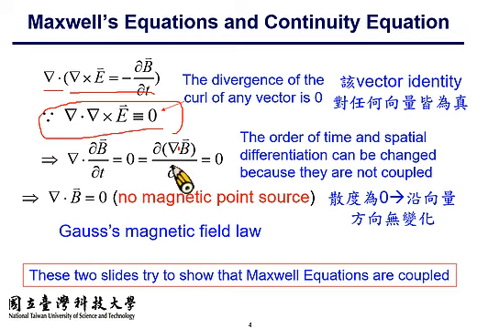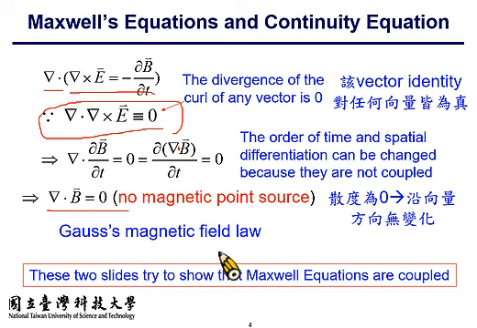So the time derivative of the divergence of B goes to 0. If you integrate both sides with time, you end up with this relationship: the divergence of B must equal 0. This is actually the fourth Maxwell equation, the Gauss's law of magnetic field.